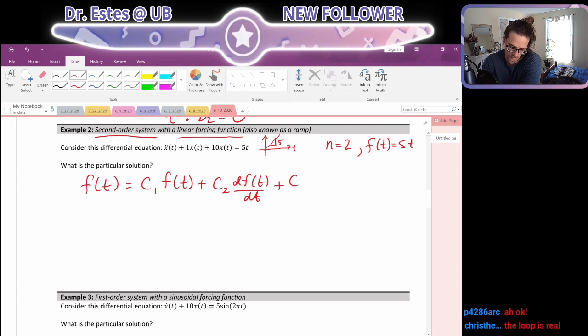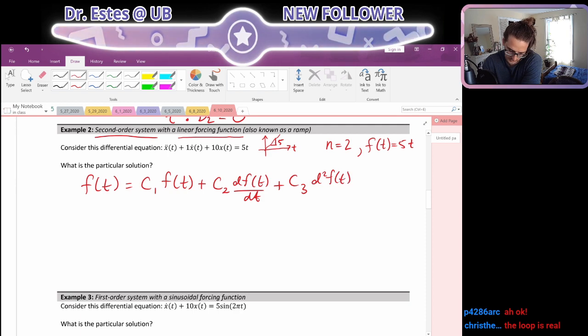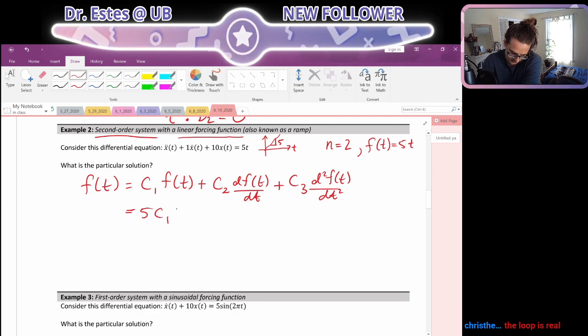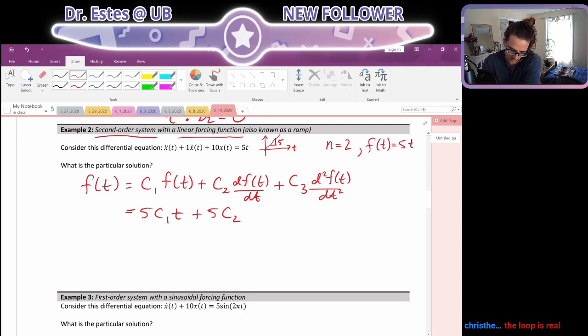And then we need one more term, d squared f of t dt squared. So let's plug in f of t here. So it would be 5c1 times t plus 5c2.